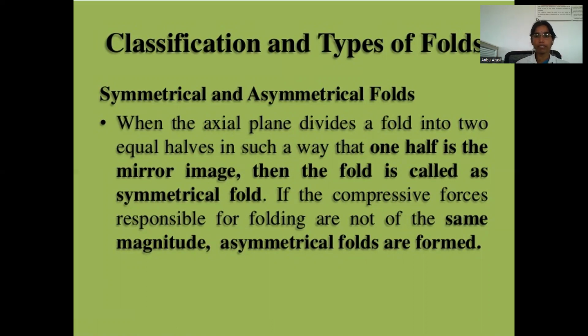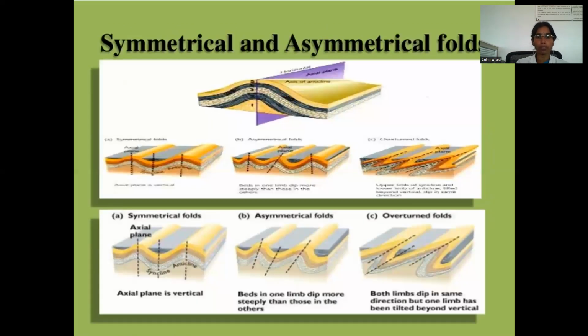When the axial plane divides the fold into two equal halves in such a way that one half is the mirror image of the other, then the fold is called a symmetrical fold. If the compressive forces responsible for folding are not of the same magnitude, asymmetrical folds are formed.